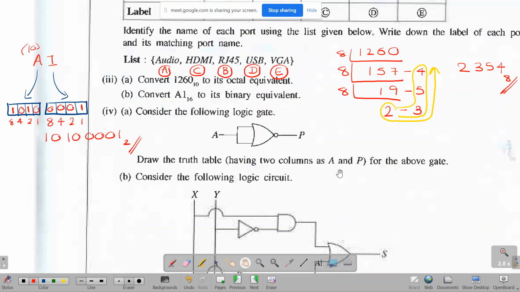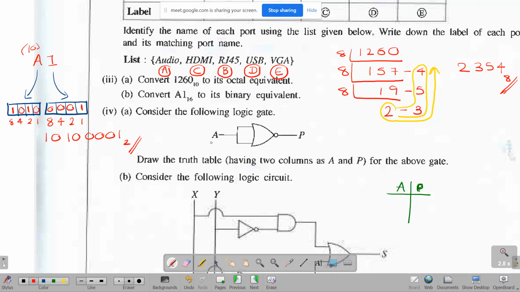All right, so what we are going to do is draw a truth table which has only two columns, A and P. Before we fill out this A and P, we have to figure out how it is working.